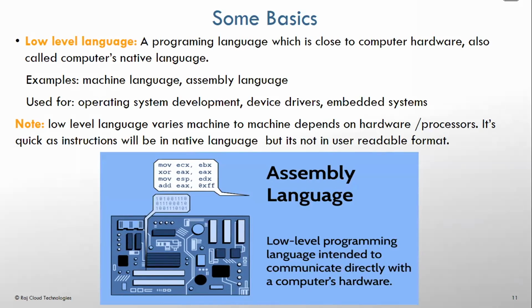Low-level language means it is quickly or readily available to the computer, to processors, to hardware. So the programming language which is very close to the hardware of a computer, which will be understandable, but it is not readable to you quickly.